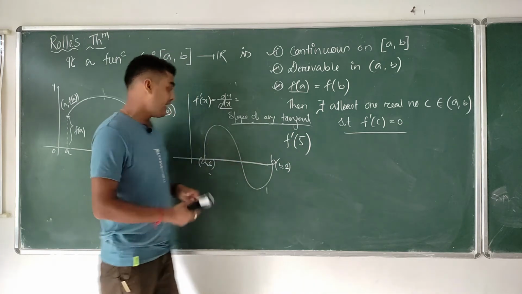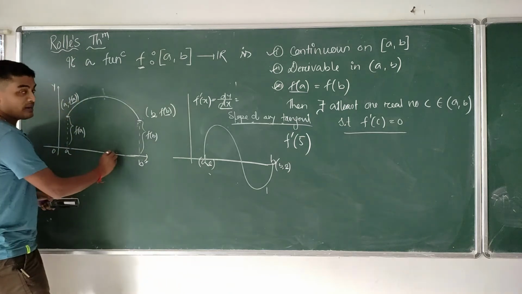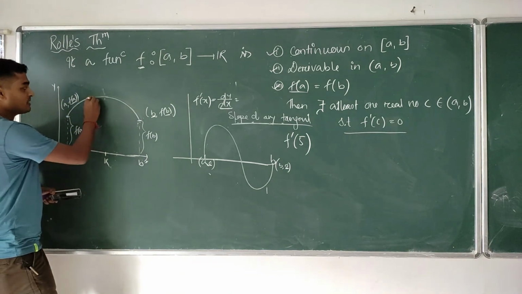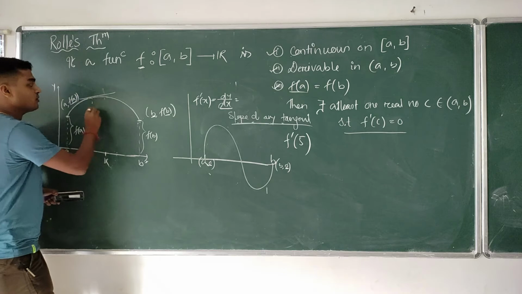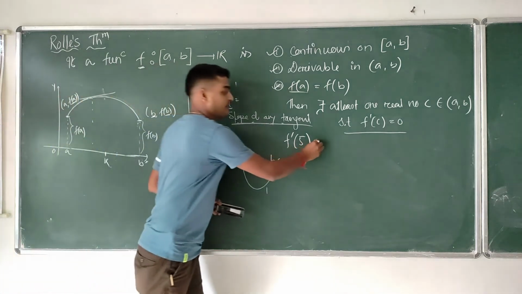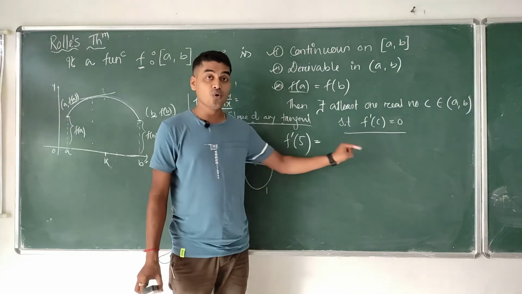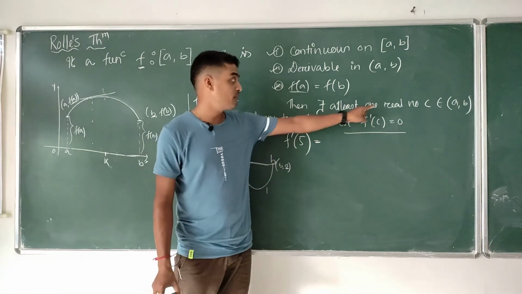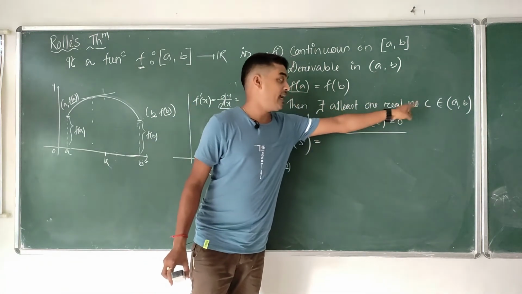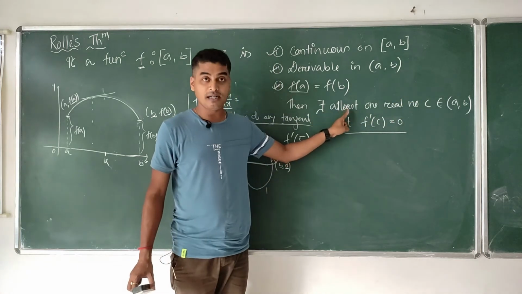For x equal to 5, the tangent drawn at the corresponding point has its slope given by f'(5). Then f'(c) is the slope of the tangent drawn at the point c, between a and b, where you will get at least one such point.